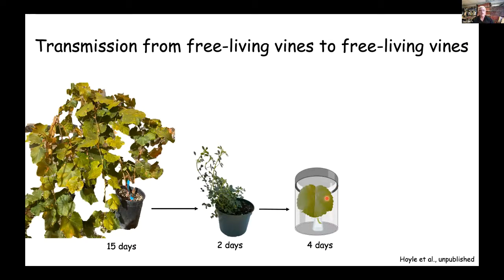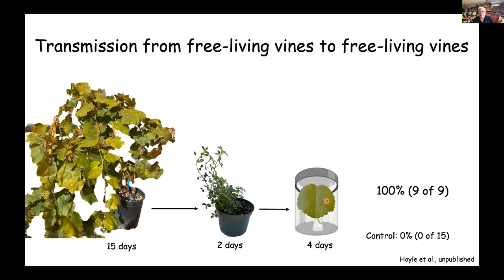When I talk about free-living wild vines, I'm referring to Vitis californica or hybrids of Vitis californica and wine grapes, or hybrids of Vitis californica and rootstocks that are widely present in Northern California. And what we have seen here is a very high efficiency of transmission from wild grape to wild grape.